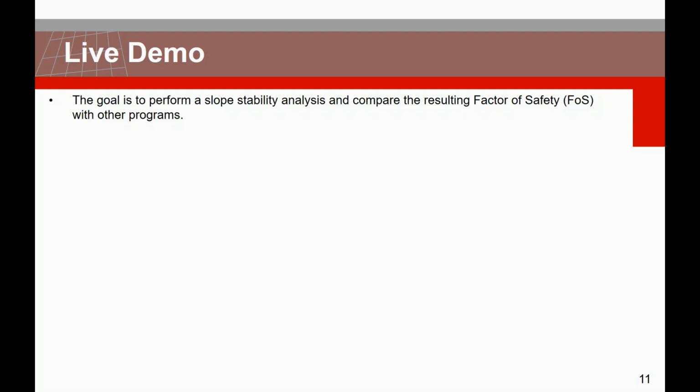This case study comes from a reference master thesis by Nermin Albatanei from University of Ohio, in which he compared different software. So we know already that for this slope stability we should expect a factor of safety of 1.71. So let's see what Diana gives for this case. Now let's move on to the live demo.